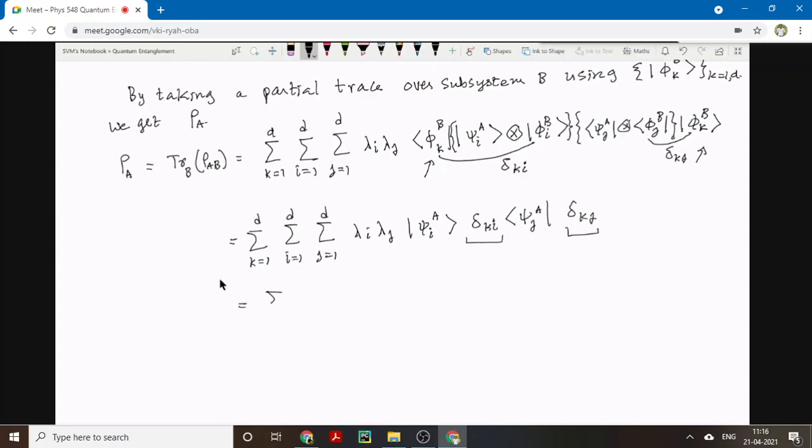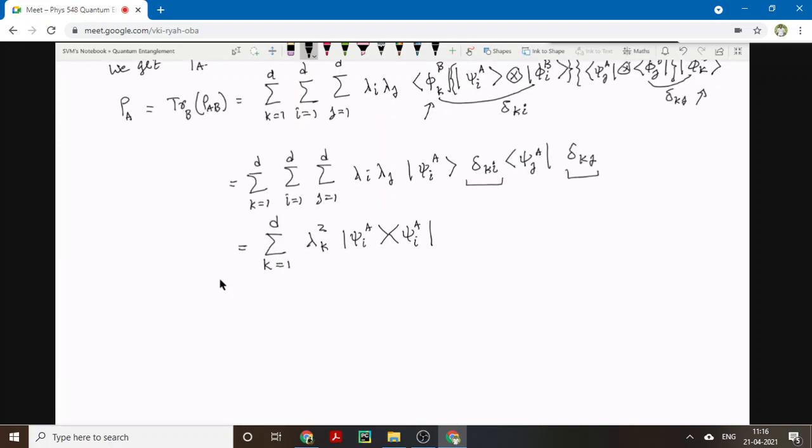So I will have sum over K is equal to 1 to D, lambda K square into psi K A psi K A. Now, what is this one? So what I have obtained is rho A to be equal to this.